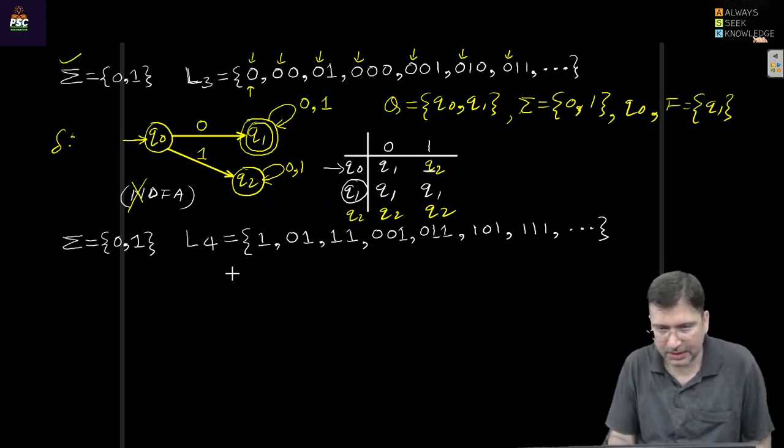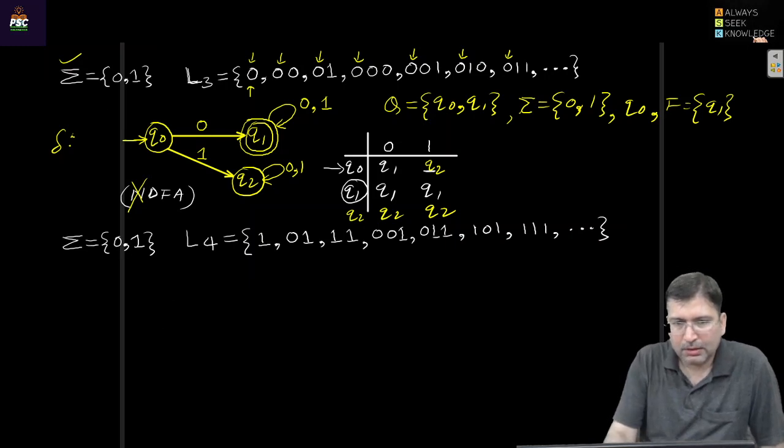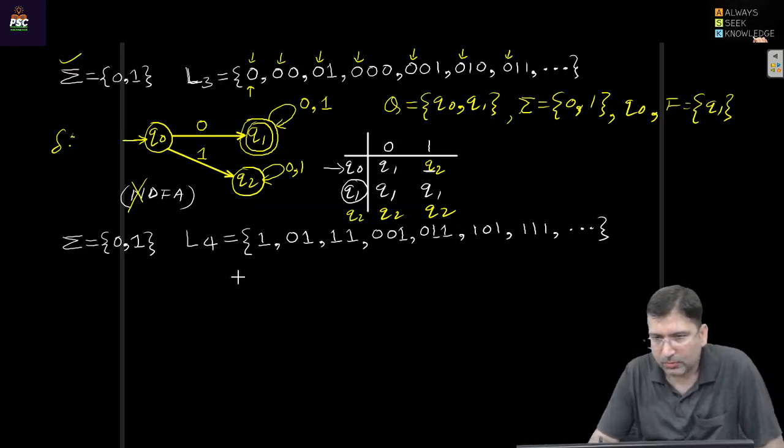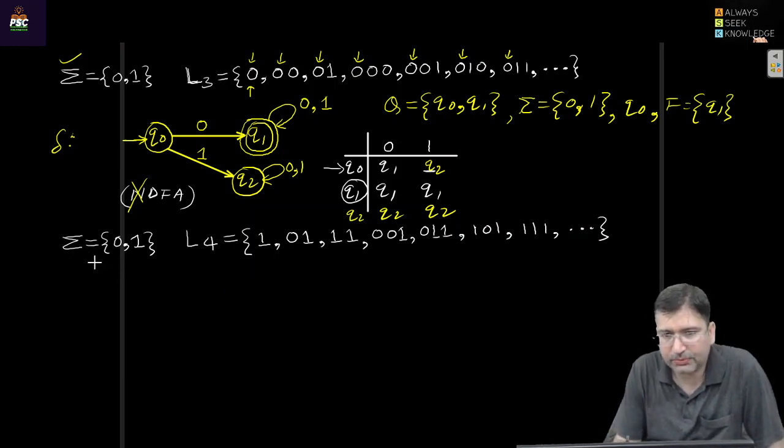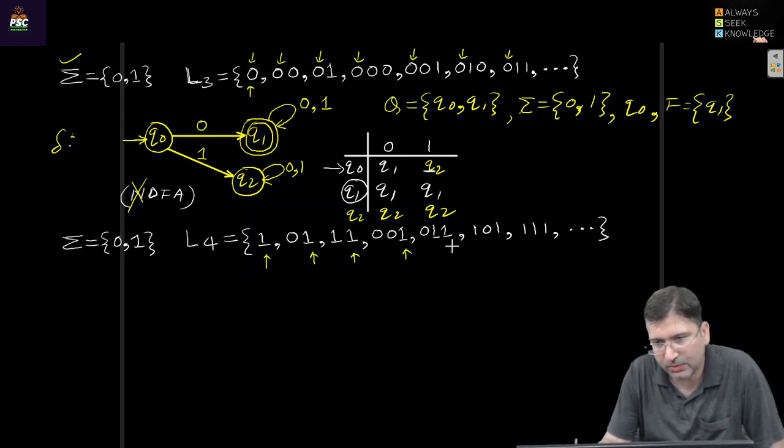Now let's discuss language 4. In this particular language, the property is that the set of symbols is 2 only, the alphabet has 0 and 1, and if you focus here, this 1 is common. That means every string is ending with 1.